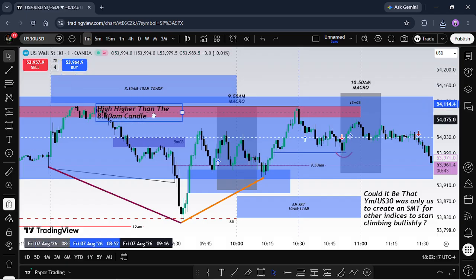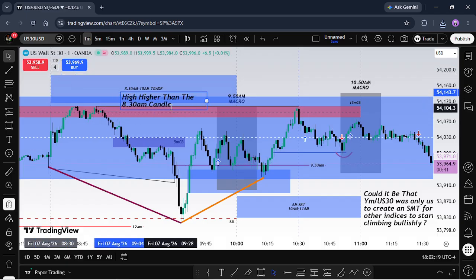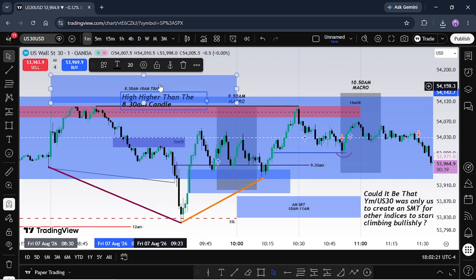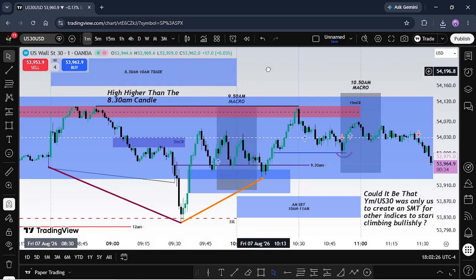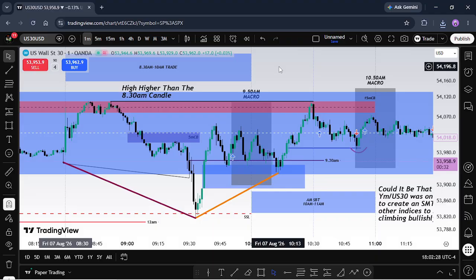So we can't use that as a reason for the trade not being hit, because all of them had a high higher than the 830 candle.